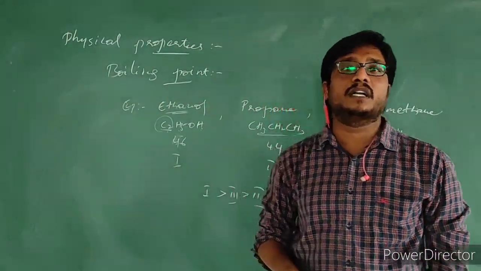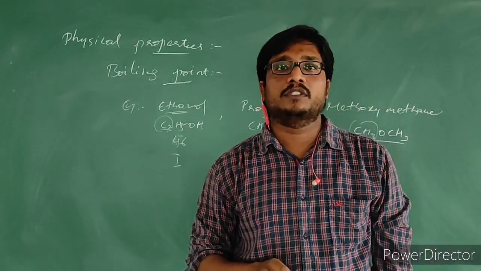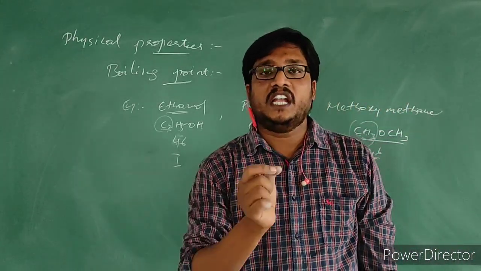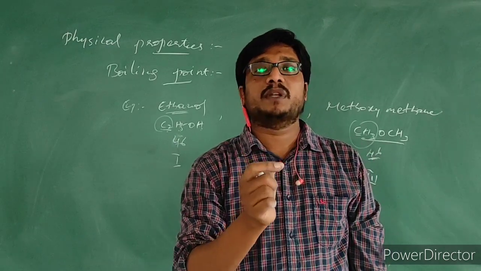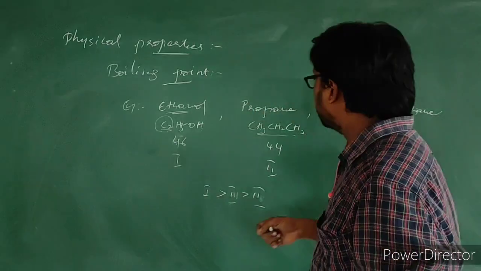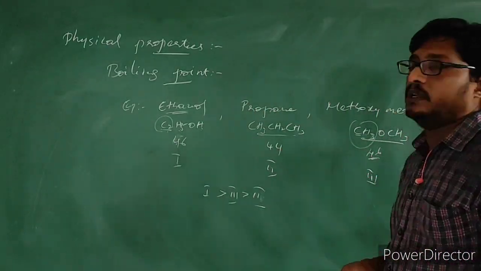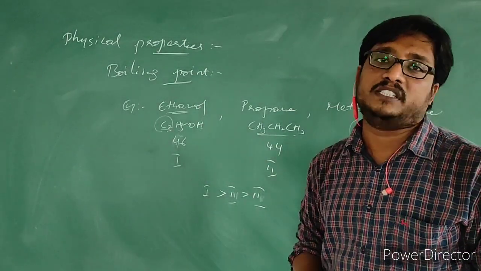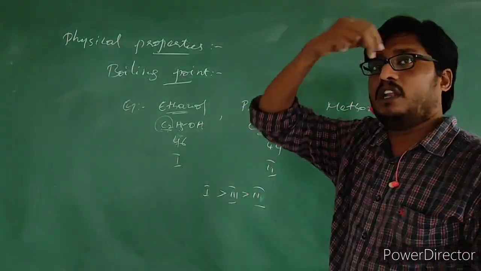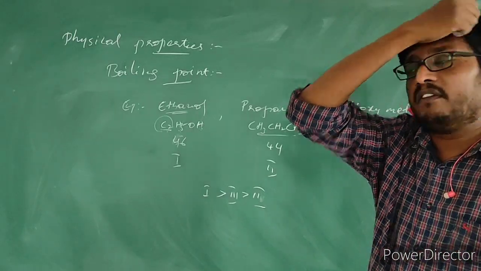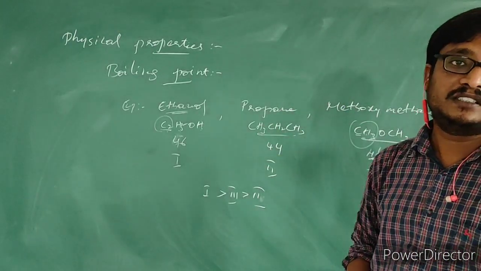Between ethanol molecules, intermolecular hydrogen bonding will be present, whereas in propane and methoxymethane, no such bonding is present. That is why ethanol has a high boiling point compared with the others.